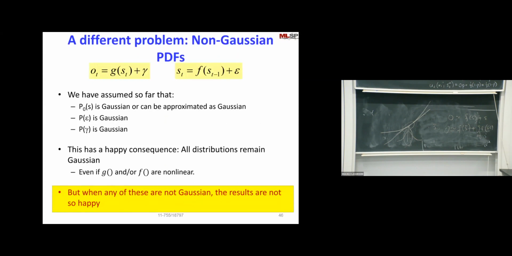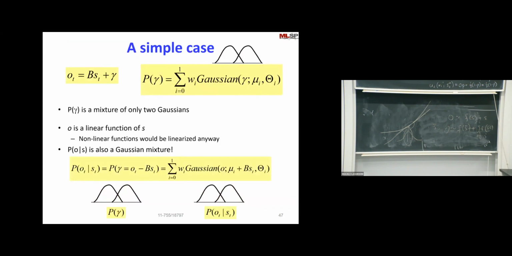But when any of these distributions is not Gaussian, then the results are not so happy. So let me go back and look at a very simple example. I'm going to assume that my observation noise is still based on Gaussians, but instead of being just a simple Gaussian, it's a mixture of two Gaussians, right?